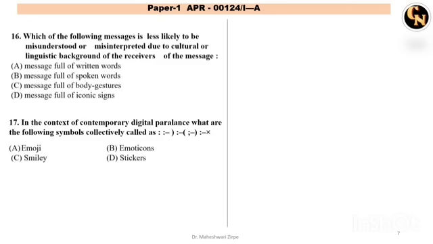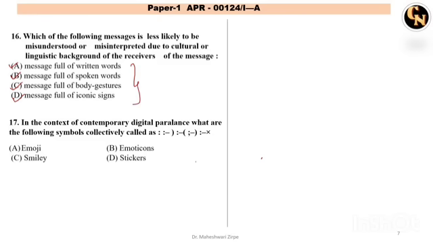This is just an example I'm giving you. That means all the options, A, B, C, D, are correct here. Because of all these options, I may misinterpret, as a receiver, the message given by the sender.